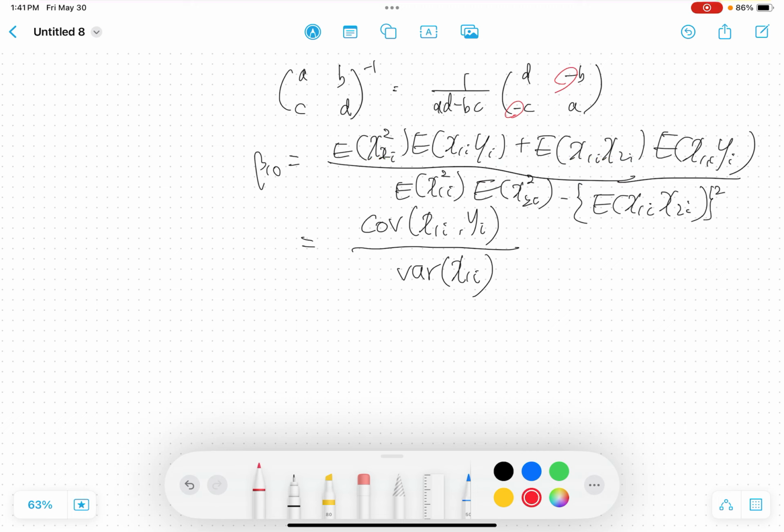My first comment is that I think the minus sign is missing here. It should be minus.